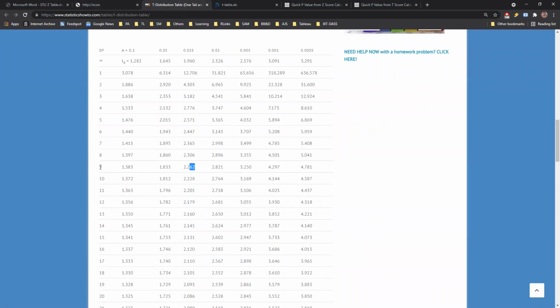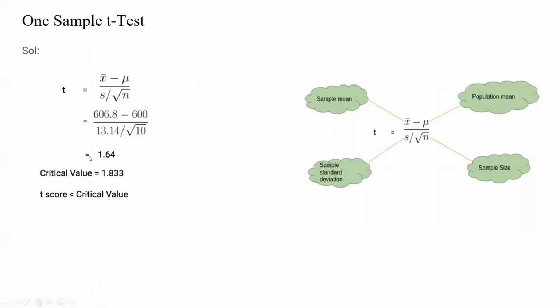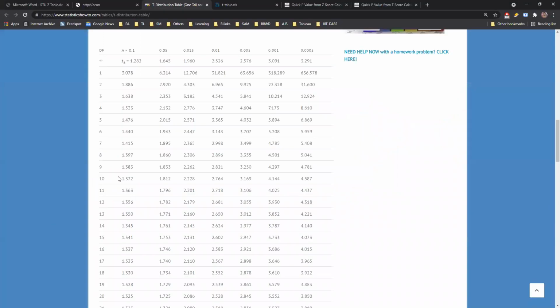I'll look into this particular column and see where the values change relative to my t-value of 1.64. I'll identify where my 1.64 could lie. The first value is 1.383 and the second value is 1.833. So my t-value lies somewhere between these two values.